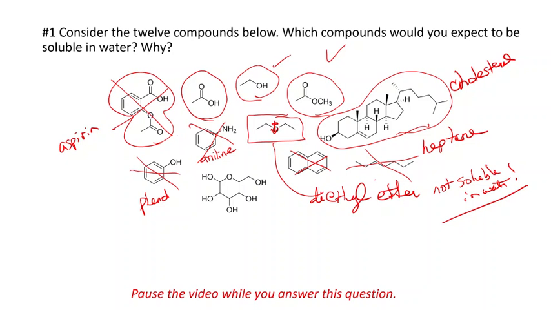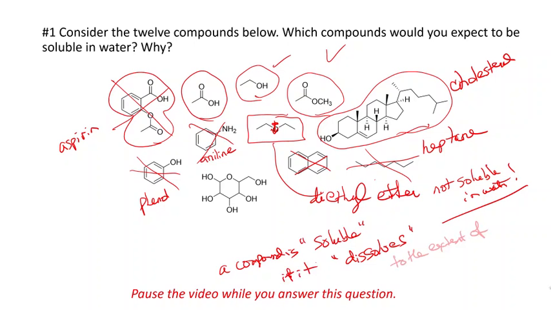I want to make the distinction between soluble and dissolves. We say that a compound is soluble if it dissolves to the extent of about 30 grams per liter. That means if we had 50 grams of a compound that's soluble and we had a liter of water, it would not all dissolve. Some of it would dissolve, but not all of it. And yet we would still say it's soluble.